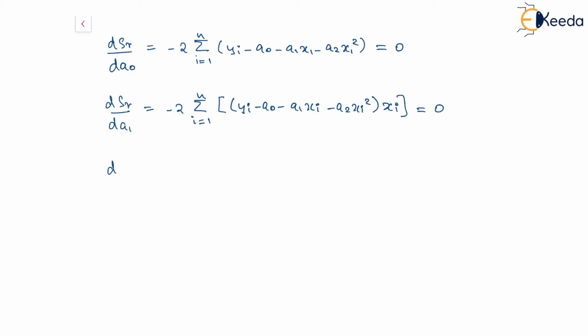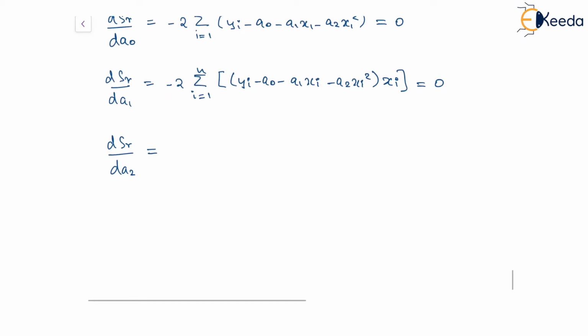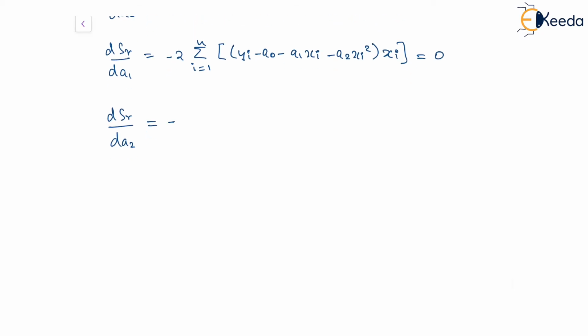And similarly, dSR over da2 will be equal to minus 2 times the summation from i equal to 1 to n of the function yi minus a0 minus a1 xi minus a2 xi square, whole multiplied with xi square, equal to 0.